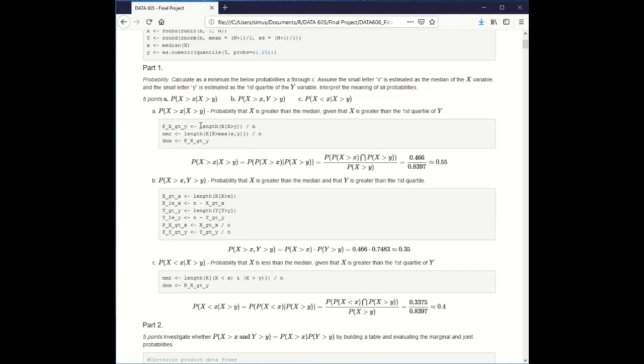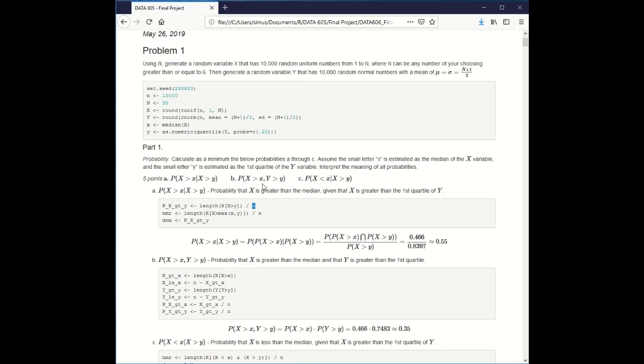Essentially, the trick was, for example, to find the probability of x greater than little y. It was just a matter of selecting those x that satisfy that condition and dividing that by the total number of selections, which is 10,000. That gives us the proportion of those x that are greater than or equal to little y, which is the probability for that condition.